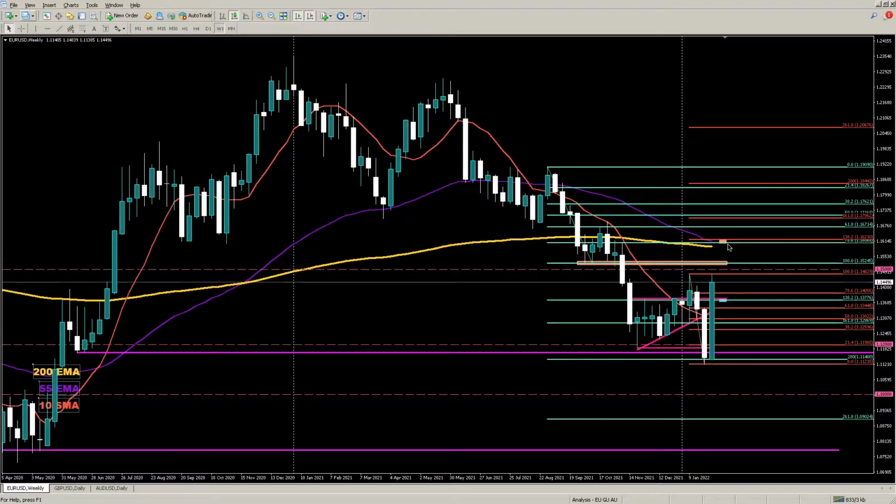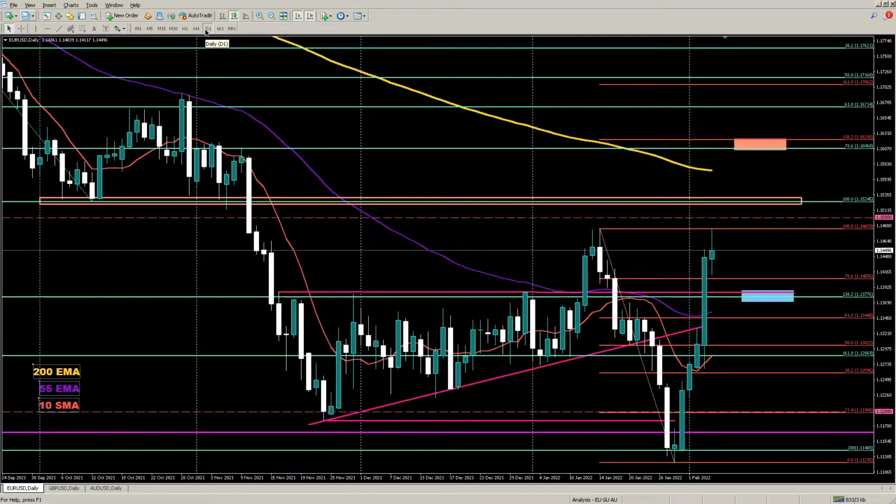So this resistance zone could be the key resistance area, just over the 116.20 area.